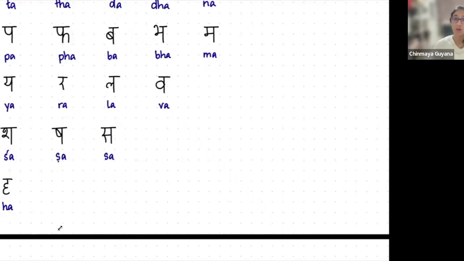This was our consonants. This line of ya, ra, la, va is technically called semivowels. I can't remember if I had mentioned. This line, sha, sha, sa, is called sibilants. And you don't need to remember these technical terms, but I'm telling for those who are interested. And this is called the aspirant.